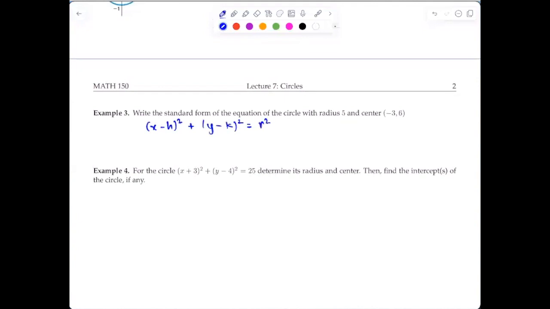You know the value of h, k, and the radius, so let's substitute all the information into this formula. You get x minus negative 3 squared plus y minus 6 squared equal to 5 squared. So this gives me x plus 3 squared plus y minus 6 squared equal to 25.